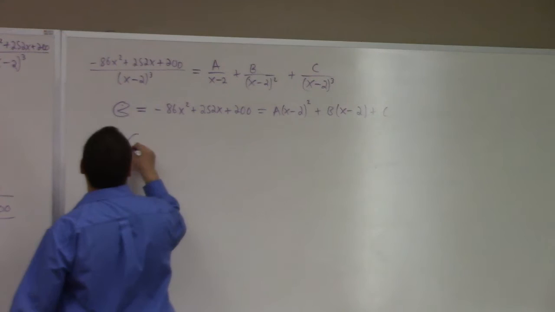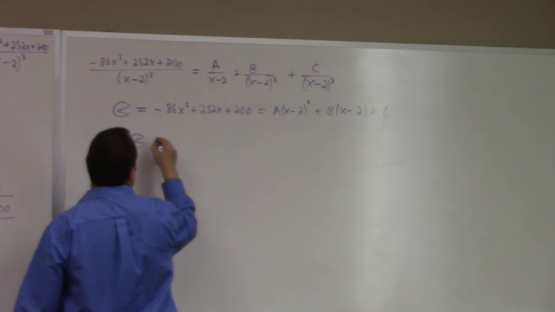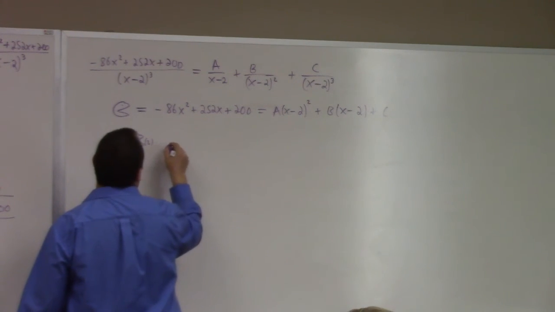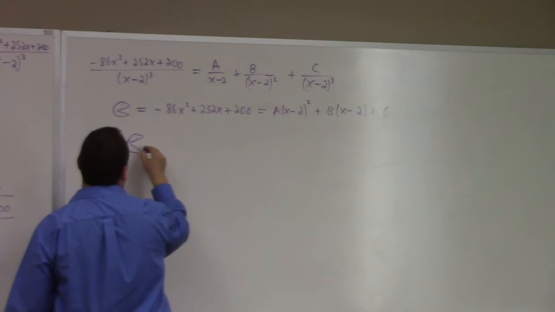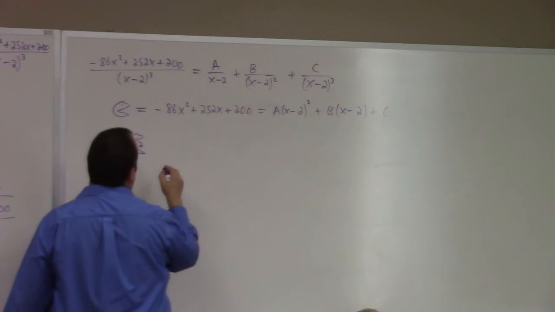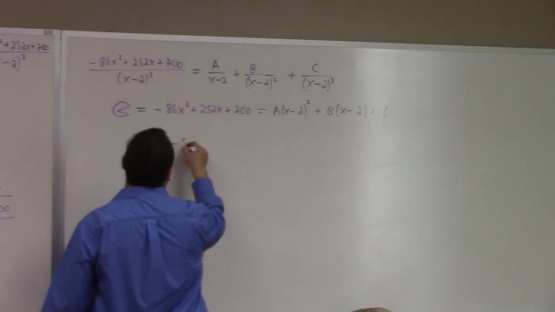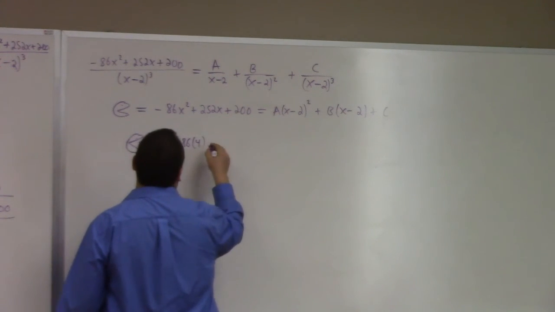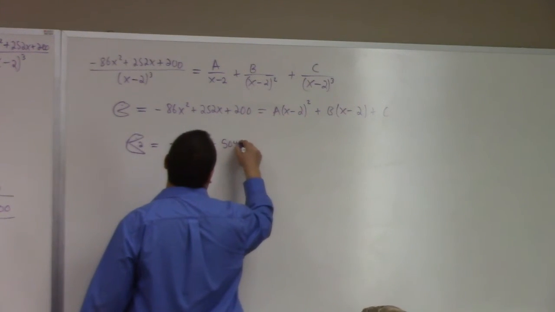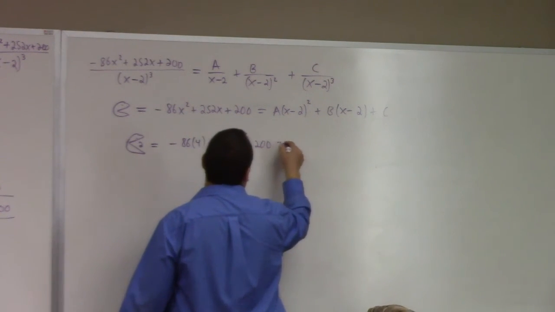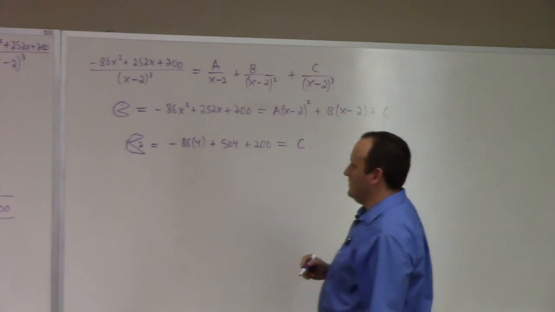Feed P(x) to, and he has indigestion. I don't know, minus 86 times 4 plus apparently 504 plus 200 equals c.